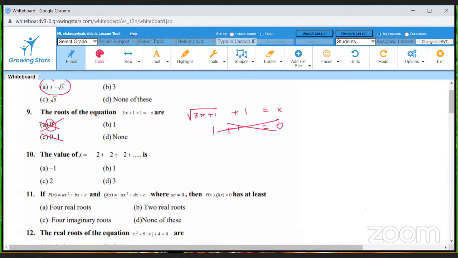That means C also will be wrong. Next, you put 1 and see. If you put 1, what will you have for x? Square root of 4 is 2 plus 1. You're getting x as 1 because you're putting x as 1. 2 plus 1 is not 1. So B is also wrong. That means only one option is left. That is D. None of these options are correct.